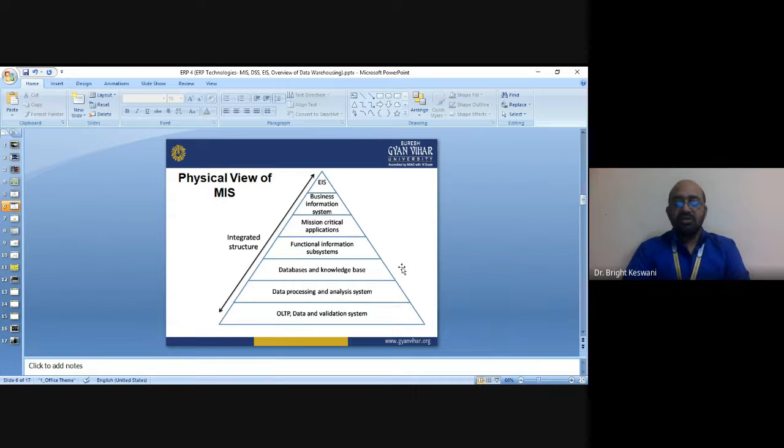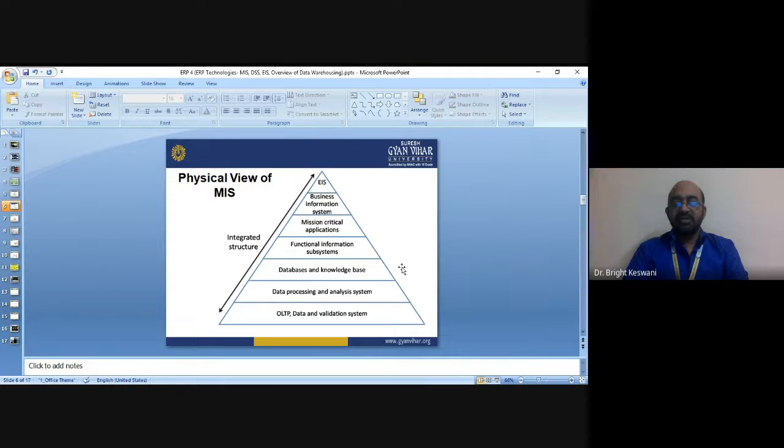There are some main characteristics of the management information system. MIS supports the data processing functions of transaction handling and record keeping.